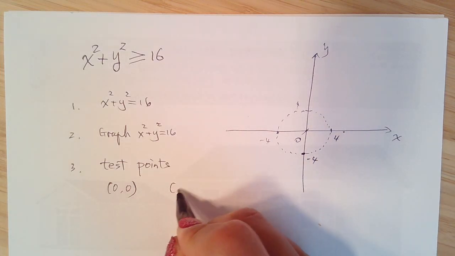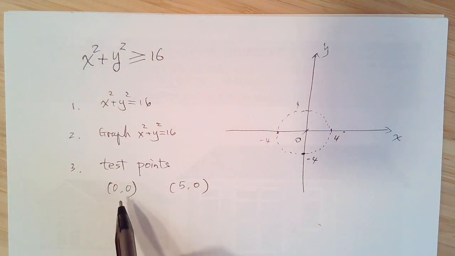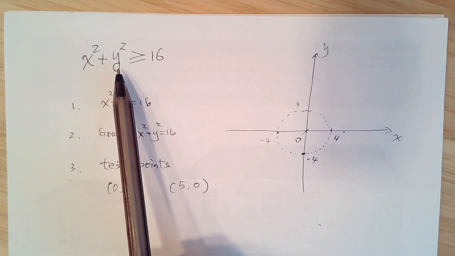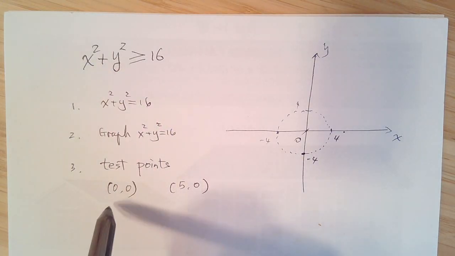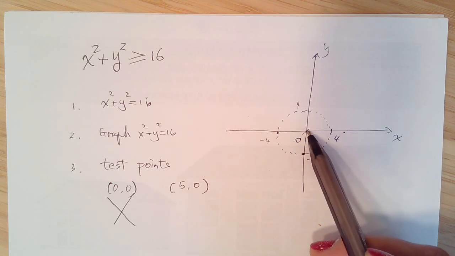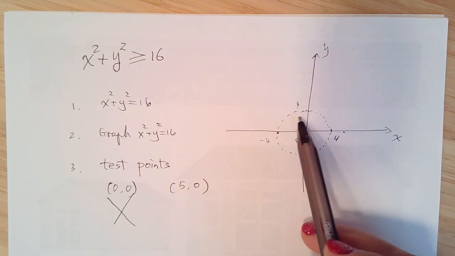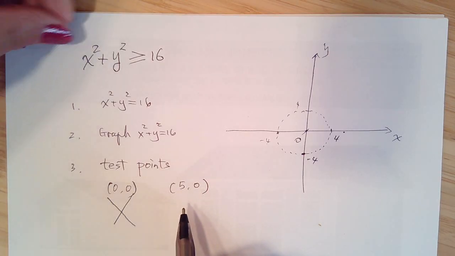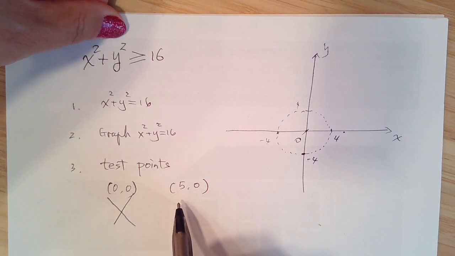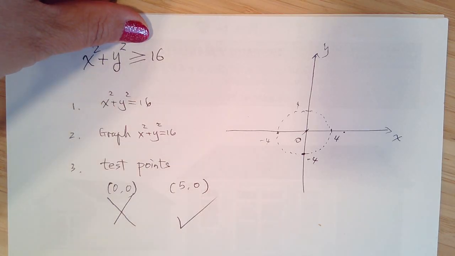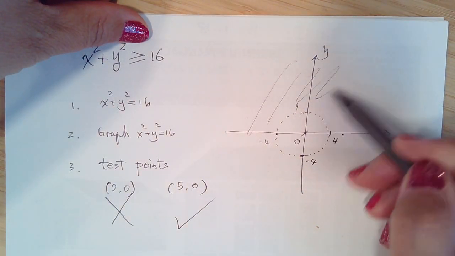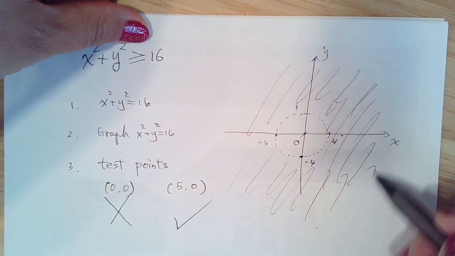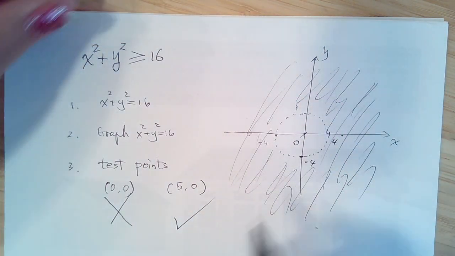If you bring 0, 0 to your initial inequality, 0 squared plus 0 squared, is that greater than or equal to 16? No. So 0, 0 is not a solution, which means the whole region inside the circle will not be a solution. Now 5, 0, x equals 5, so 25 plus 0, it is greater than 16. So outside is good. The whole area outside my circle is my solution region.